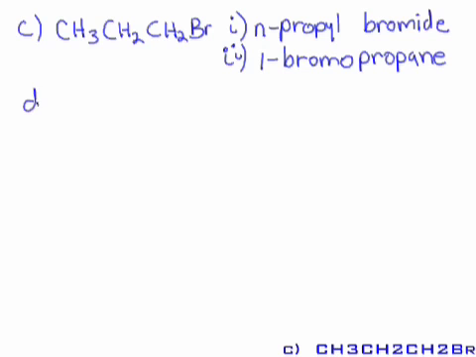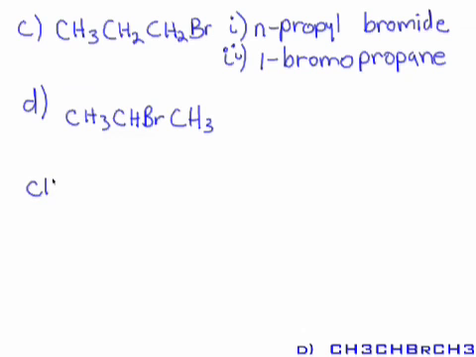Let's try D. Again, this is written straight across. On scrap paper I would write it out so it shows the bond to bromine.